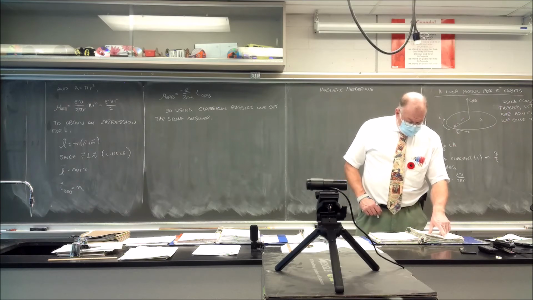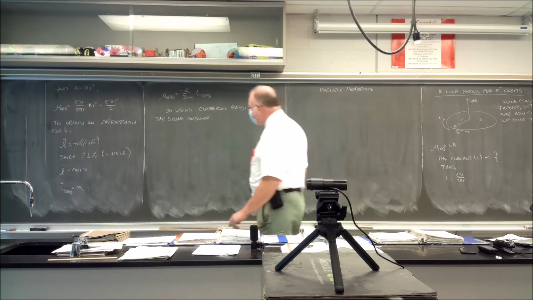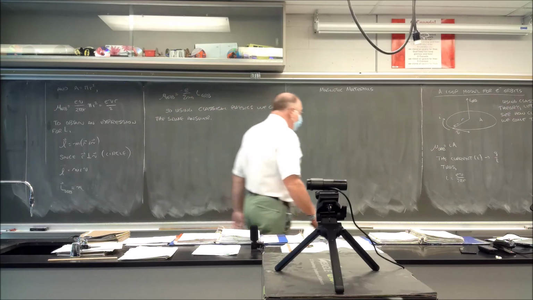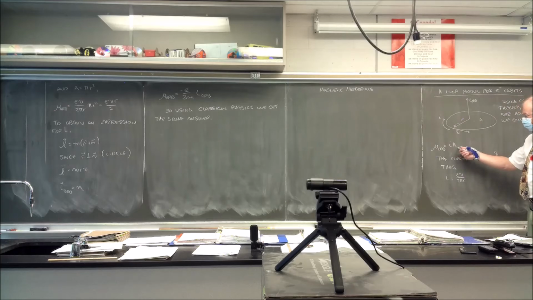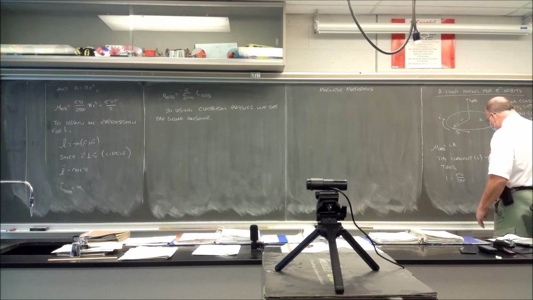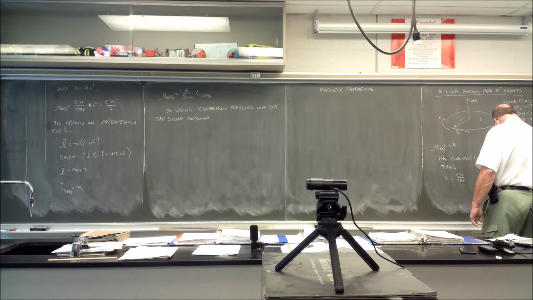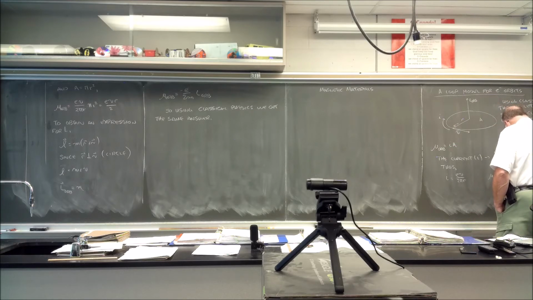We have mu orb equals IA. It's on the right panel. That's right. So this is the definition of mu orb, okay? Thank you, Jackie, appreciate it. So let's just do it here. Then we would have mu orb is equal to IA, which is equal to EV over 2 pi R times pi R squared, if I did it right.